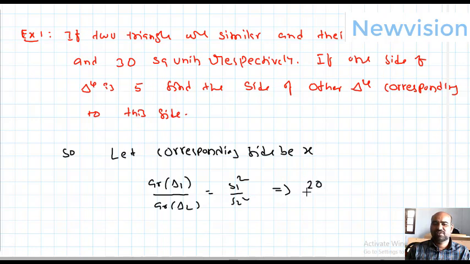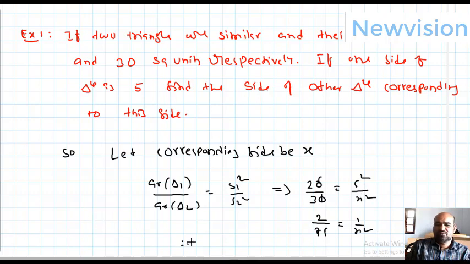That's why 20 by 30 equals 5 squared by x squared. The zeros get cancelled, 2 by 3 equals 25 by x squared, so 2 by 75 equals 1 by x squared. So therefore x equals root over 75 by 2, or you can say 5 into root 3 by 2. So this is the corresponding side.